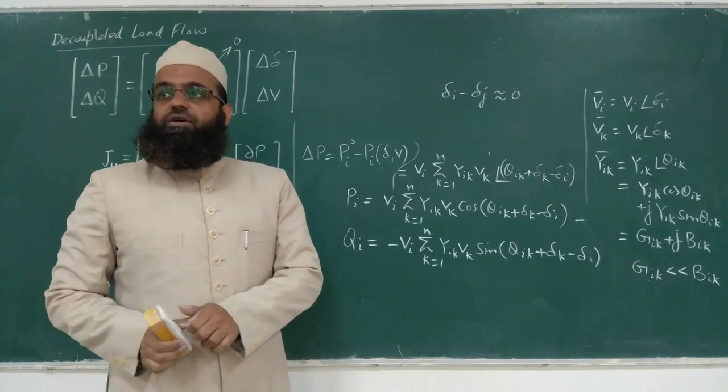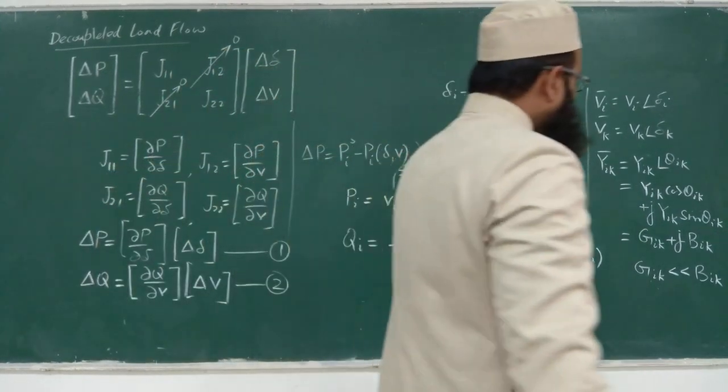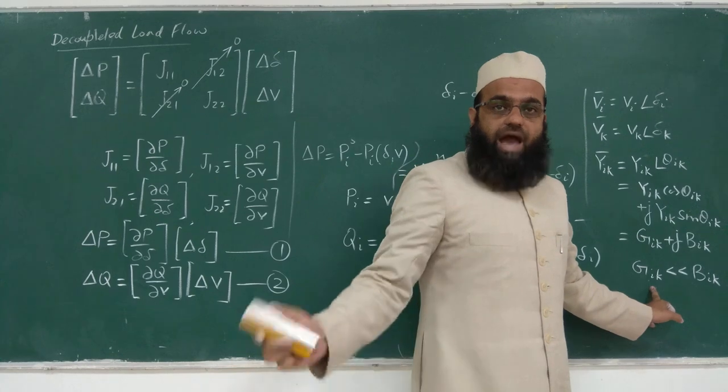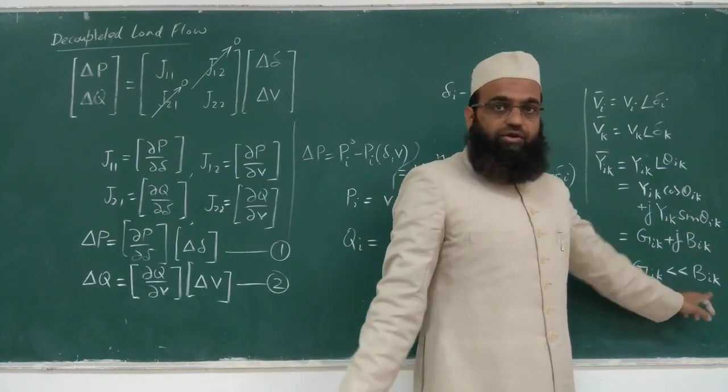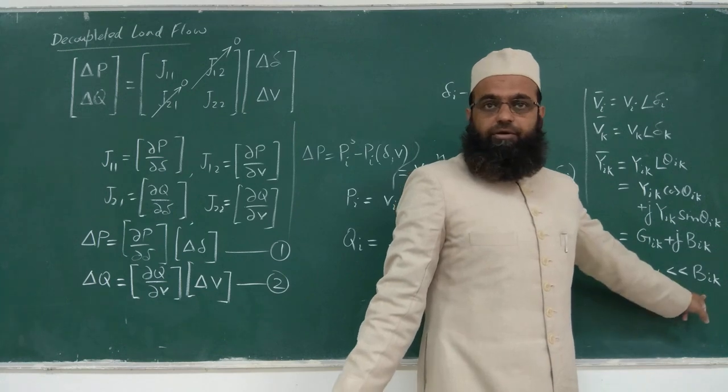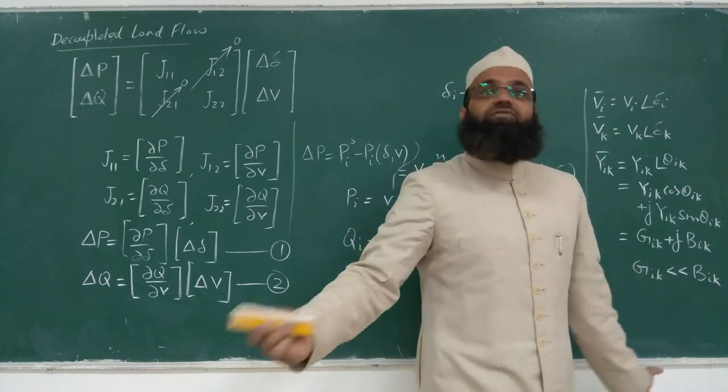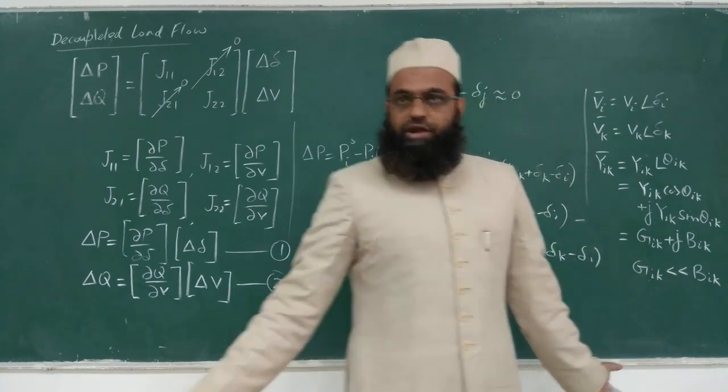Two assumptions here. One assumption is GIK is very less than BIK. You know what is GIK, what is BIK. Why? You can justify it, is not it?